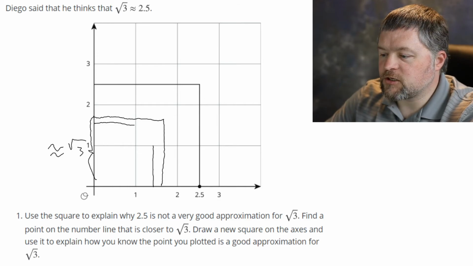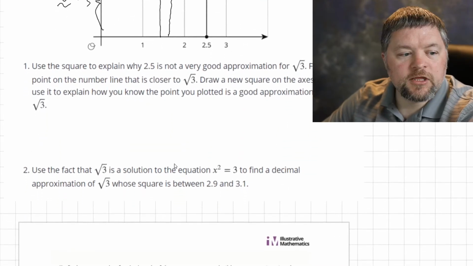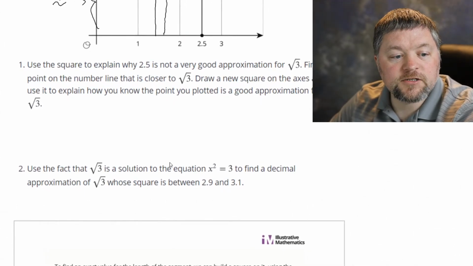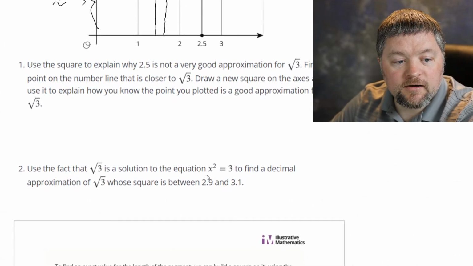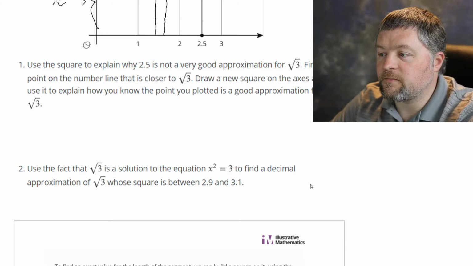Our next question here is, use the fact that the square root of 3 is a solution to the equation x squared equals 3 to find a decimal approximation.